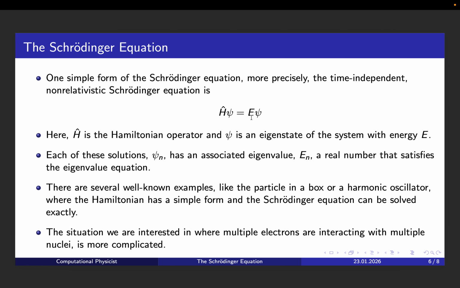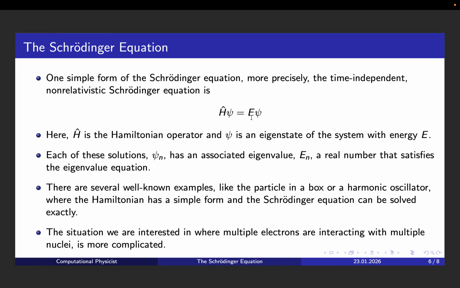The detailed definition of the Hamiltonian depends on the physical system being described by the Schrödinger equation. There are several well-known examples, like the particle in a box or the harmonic oscillator, where the Hamiltonian has a simple form and the Schrödinger equation can be solved exactly.